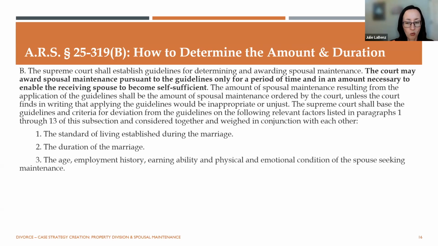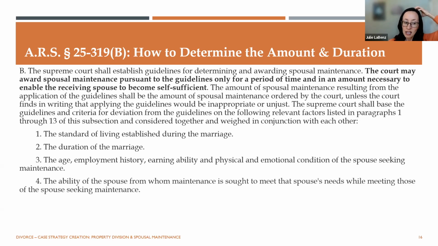And then first, we're going to look at the age, employment history, earning ability, and physical and emotional condition of the spouse seeking maintenance. And then look at the ability of the spouse from whom maintenance is sought to meet that spouse's needs while meeting those of the spouse seeking maintenance. So the court is entering into this balancing test of looking at each spouse and what are their circumstances.